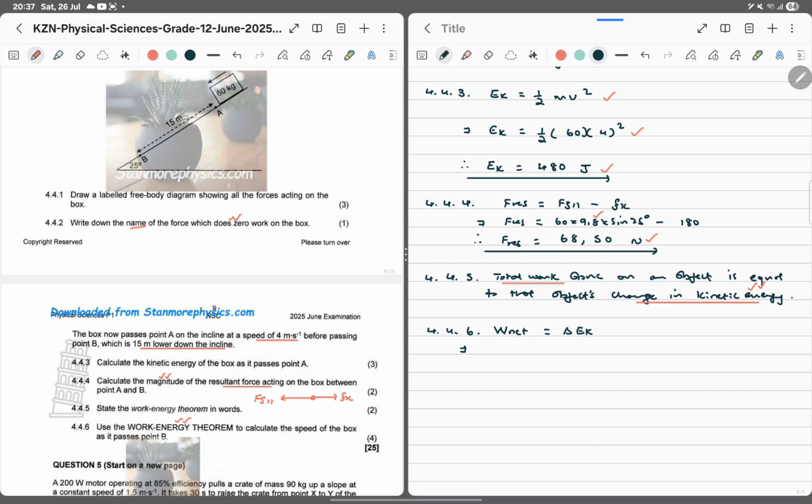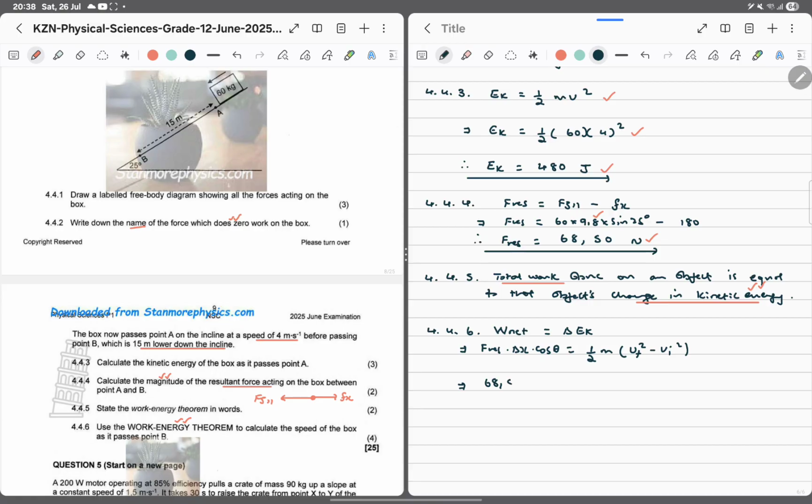So remember, this is the resultant force, so this is going to be the resultant force times the displacement times the cos of theta equals half m, we've got v squared minus vi squared, okay? So the resultant force is what we calculated above.